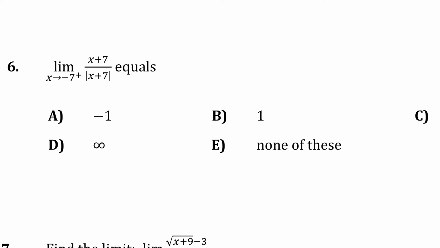So let's see what happens with -6.9 substituted for x: x plus 7 over the absolute value of -6.9 plus 7. That's 0.1, and this is the same, 0.1. Any number divided by itself is 1, so it's just 1.